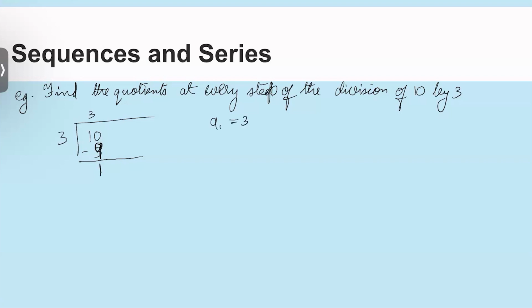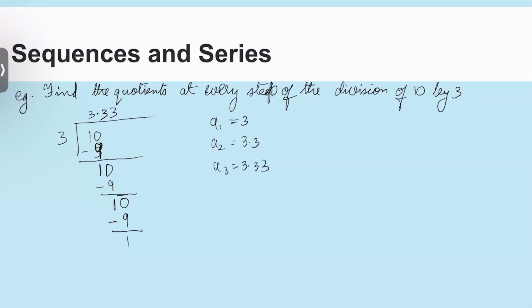Now we go on to the next step of the division. So you add a point over here, since you have remainder 1, so you get a 0 again. Again you will get 3 in the quotient, so the next term would be 3.3. Then again you have 1, so you again get a 0 over here, and the next quotient would be 3.33.